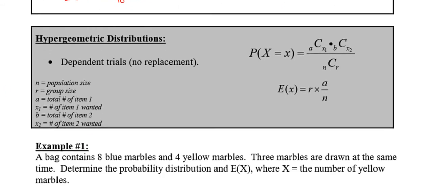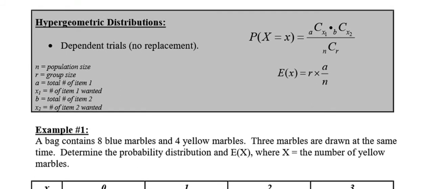So here is the formula for hypergeometric distributions. Now sometimes you may have more than one group, so you might be multiplying this by C, like CX3, or CX4, because sometimes you might have more than 2 groups. Typically there's 2 groups, but N is the population size.